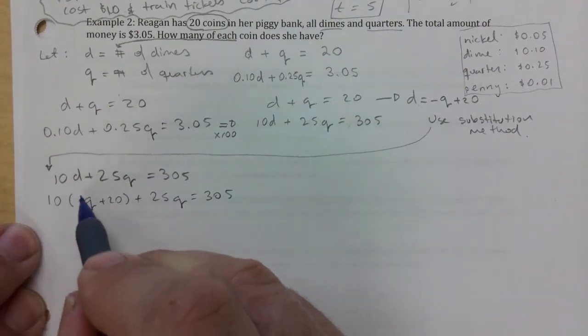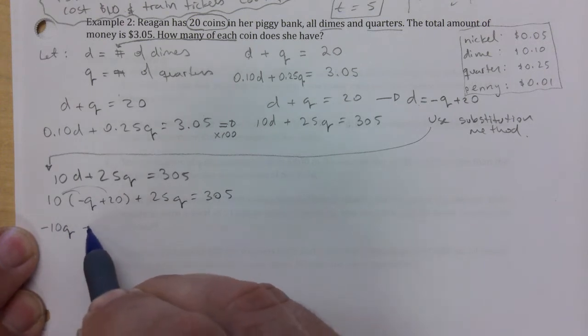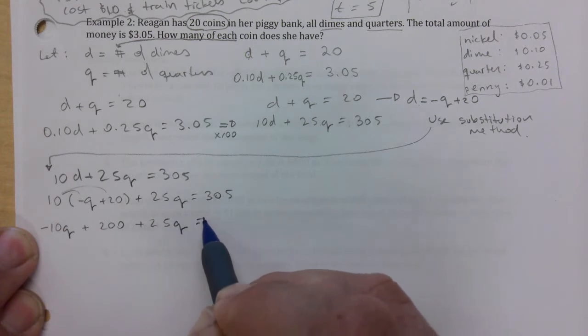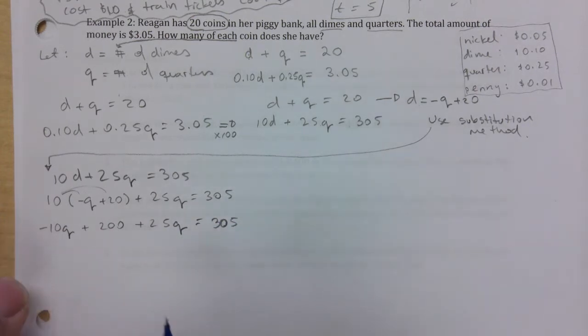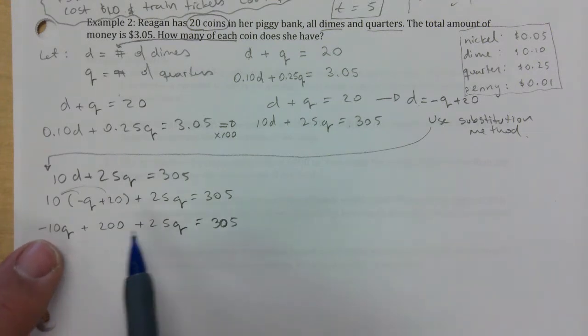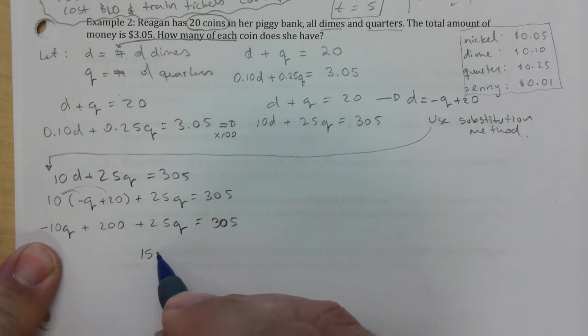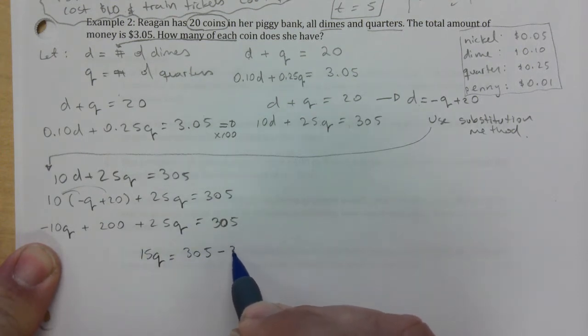Okay, distribute like that. So that's negative 10Q plus 200 plus 25Q is equal to 305. I combine my Q's, right? 25 and negative 10, that's 15Q. And on the other side, I have 305 minus 200, right?